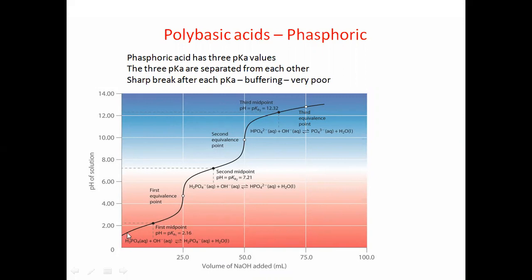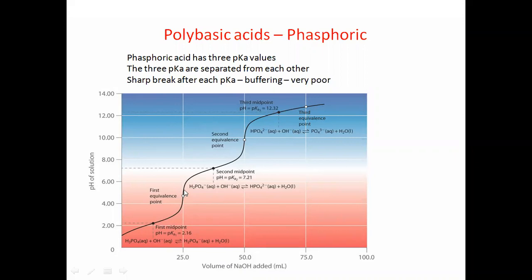So the titration proceeds like this. This is the first equivalence point, where the pH is equal to pKa1, the first dissociation constant, which is equal to 2.16. When the titration proceeds, I am going on adding sodium hydroxide, and again the pH increases.